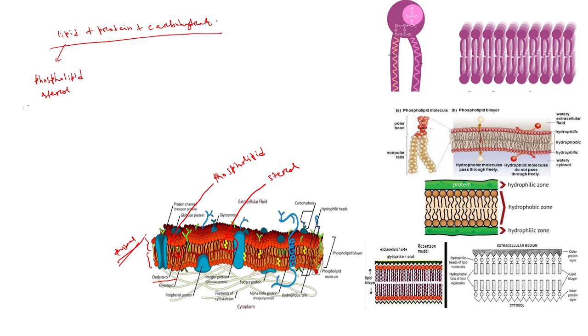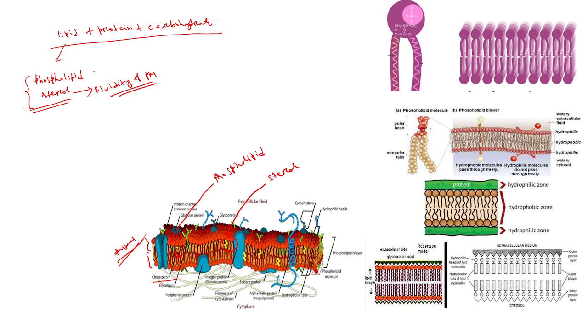If in the exam it is asked what are the types of lipid present in the plasma membrane, the answer is simply phospholipid and sterol. And what is the function of the sterol? It helps in the fluidity of the plasma membrane. Okay.